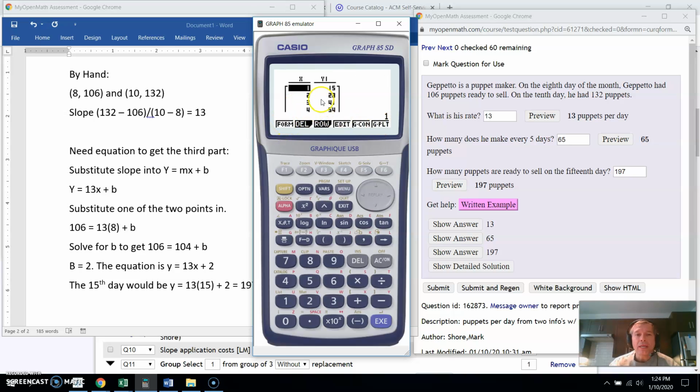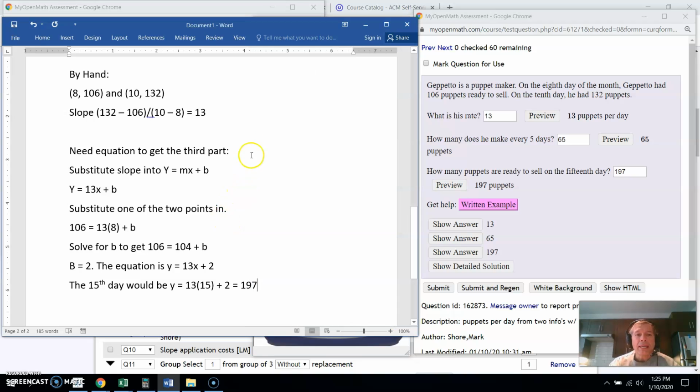At this point I could just substitute in that 15 for x. Just type in 15, hit execute, and there's your 197. Or you could go to the run menu and just do that arithmetic. I think it was 13 times 15 plus 2. And there's your 197.